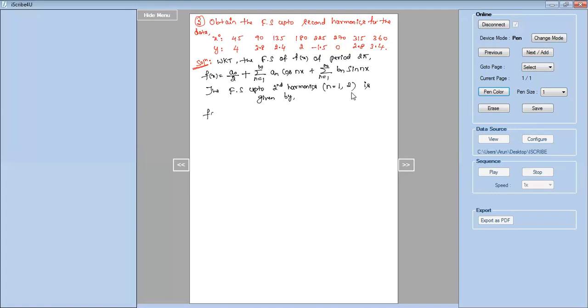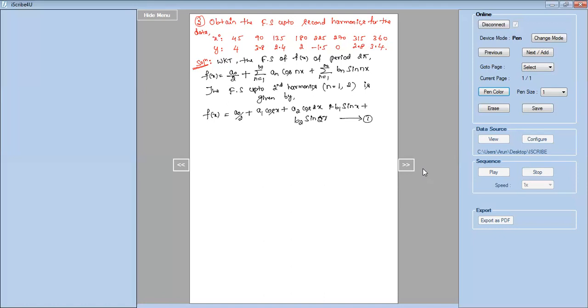So f of x equals a naught by 2 plus, when n equals 1, a1 cos x plus, when n is 2, a2 cos 2x, plus b1 sin x plus b2 sin 2x. Let us call this equation 1.